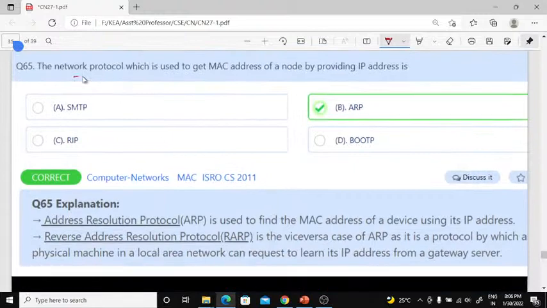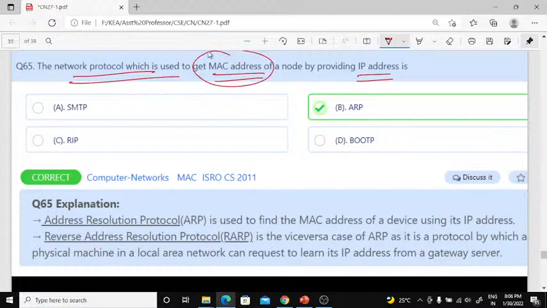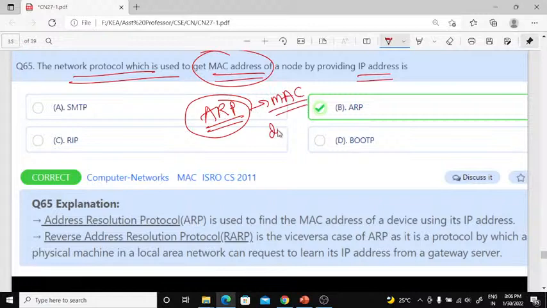The network protocol used to get the MAC address of a node that is provided by the IP address is ARP, Address Resolution Protocol. Address Resolution Protocol is used to find the MAC address, the unique address of a device, using the IP address.